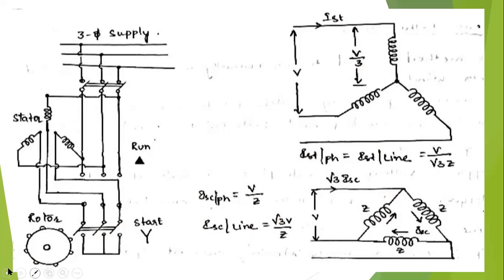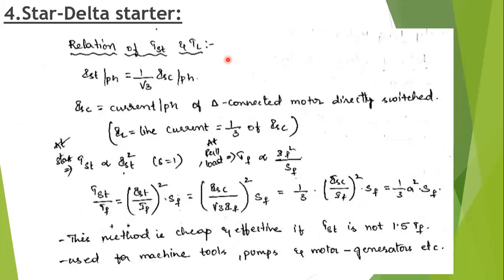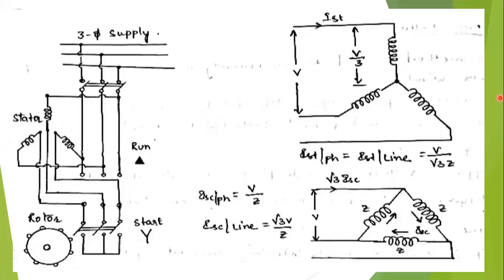In the star connection, the applied voltage on each phase is reduced by 1 by root 3 times.